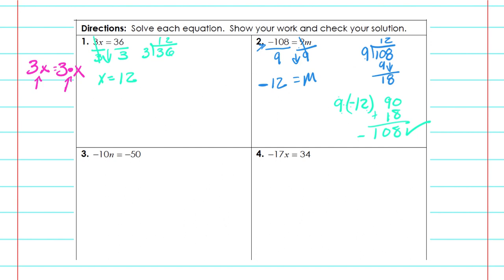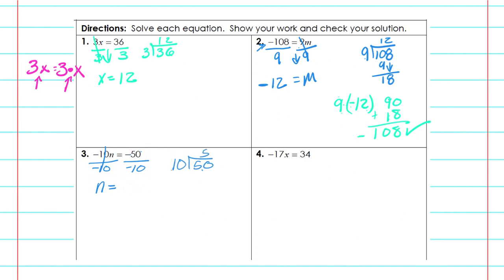Okay, number 3, negative 10n equals negative 50. Well, again, negative 10n really means negative 10 times n. So since that means negative 10 times n, the inverse operation is dividing. I'm going to divide both sides by negative 10. Negative 10 divided by negative 10 will cancel out, leaving me with just n equals negative 50 divided by negative 10. 10 goes into 50 5 times.